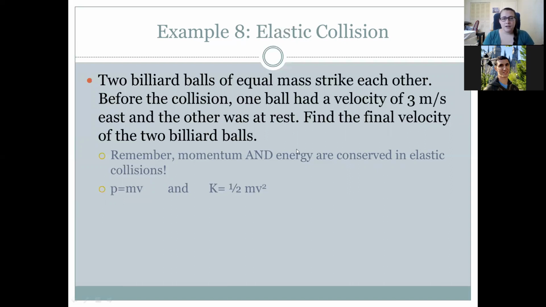Okay, so here is our scenario. We have ball A moving to the right, east, at 3 meters per second. And ball B is initially at rest, so it has a velocity of 0 meters per second.